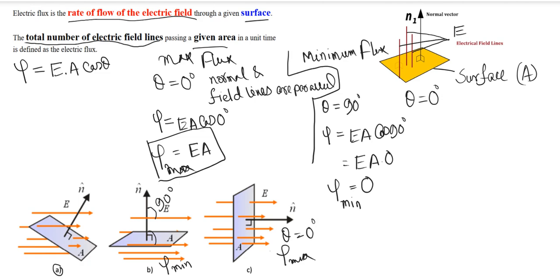Here we can see the value. Theta is greater than 0 degree and less than 90 degree. It means the flux will be either 0 or maximum at 90 or 0 degree. But if it is in between 0 and 90 degree, what will happen?